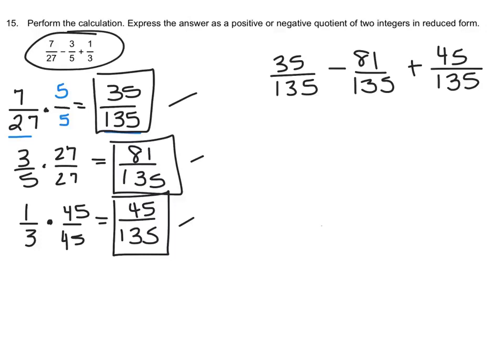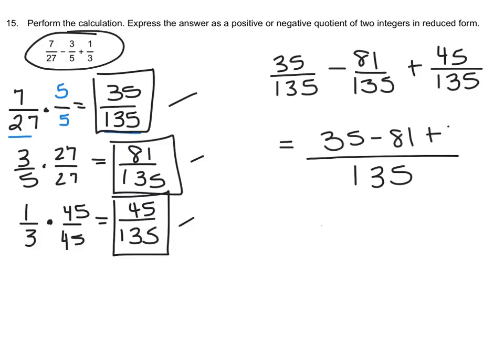Now that these fractions have the same denominator, all I need to do is add or subtract the numerators and then place that over the denominator. So I'll have 35 minus 81 plus 45, and that's all over 135.